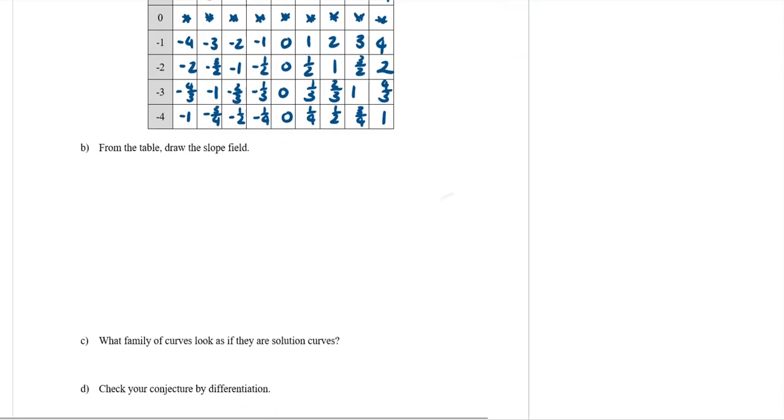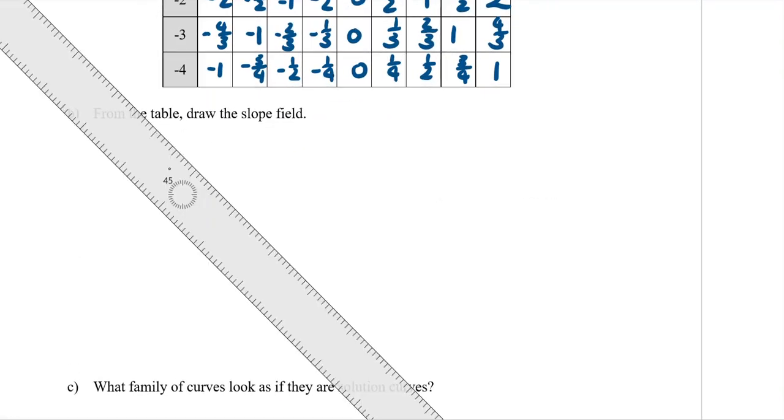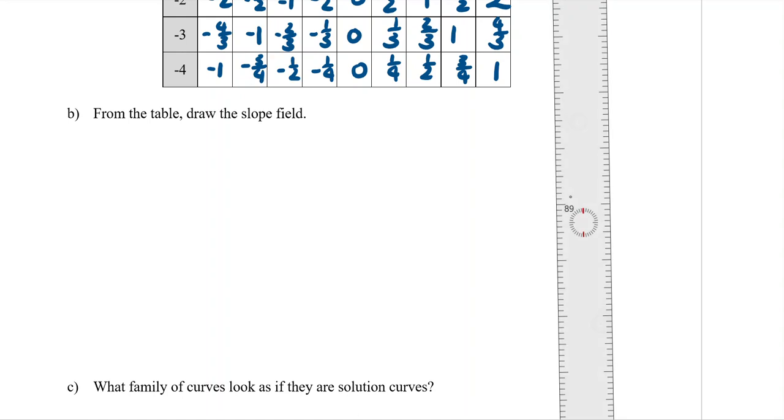Okay, so we need to do a four all the way around, right? So from the origin, plus 4 to minus 4, both x and y. When I did mine on my booklet, I could fit it in if I put it right over here on the side.